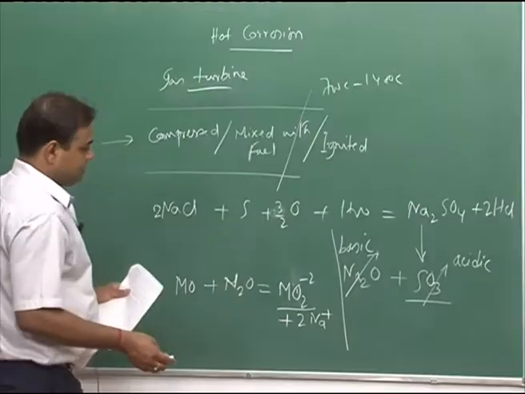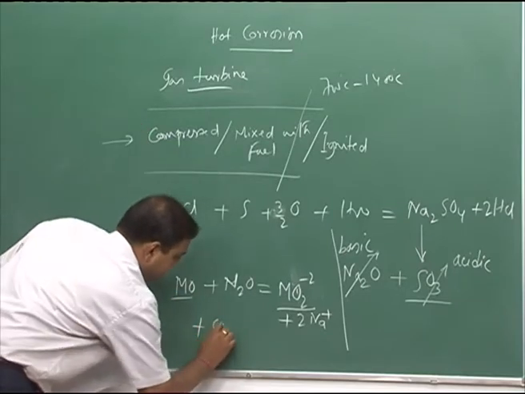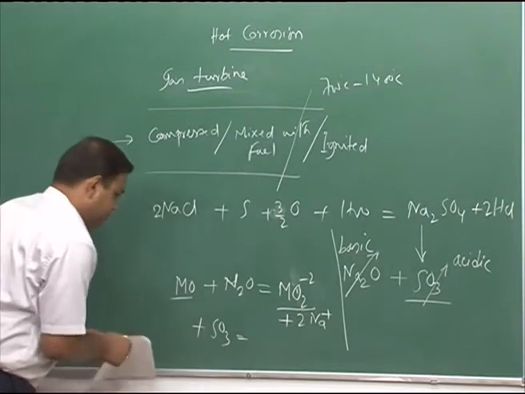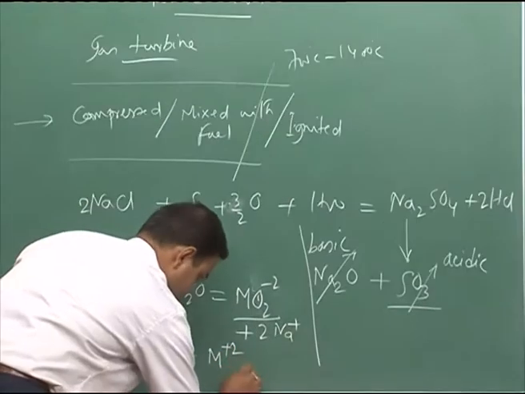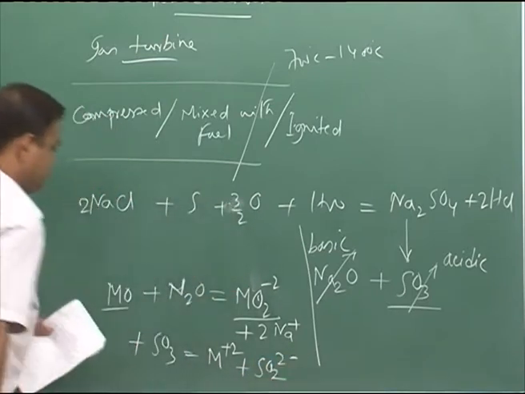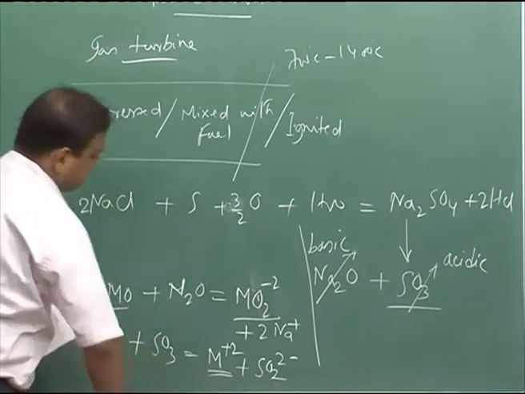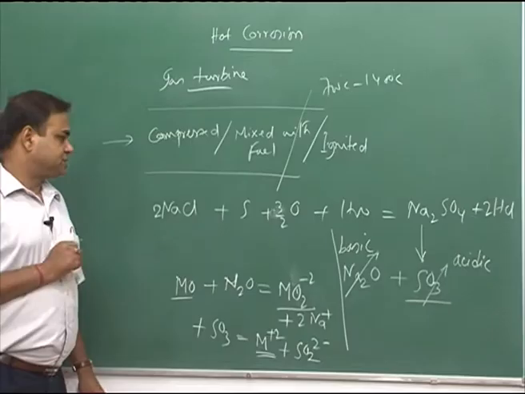and then again this one can react with the acidic part and form M2+ plus SO4 2-. So again we see ion formation, and the oxide is losing its protective nature.